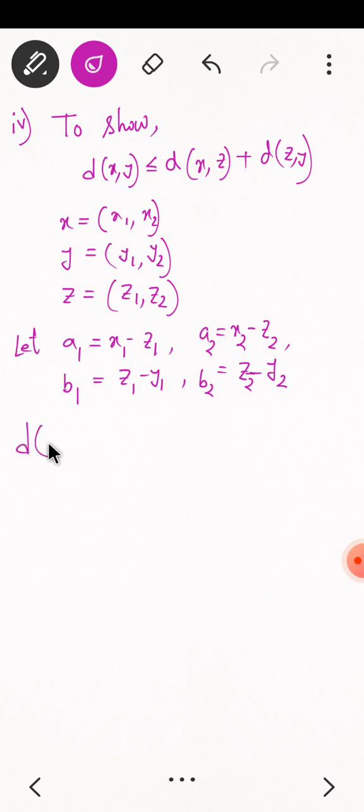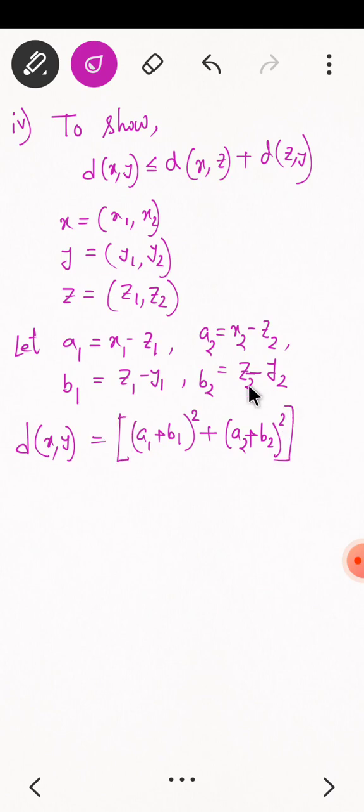Then d of xy becomes the square root of (a1 plus b1) square plus (a2 plus b2) square.